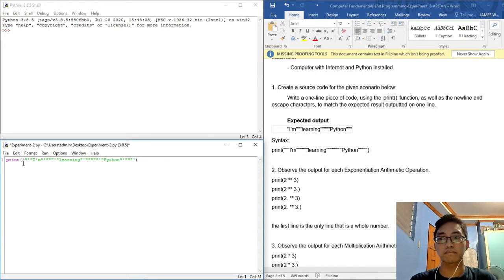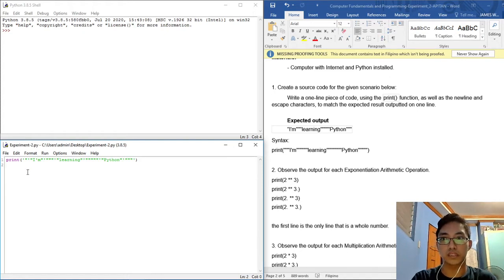I can display this double quote now because the single quote functions the same as the double quote. So every double quote that will be displayed here is inside single quotes, while the strings that will be displayed here are inside the double quotes.